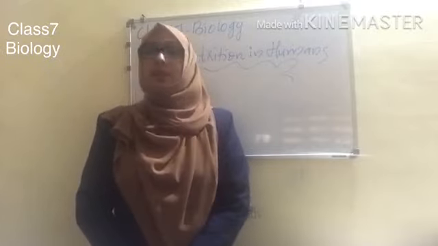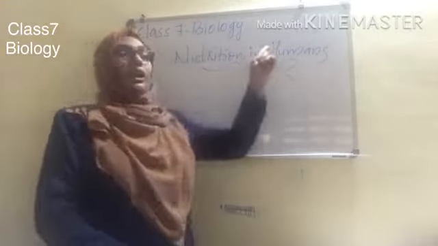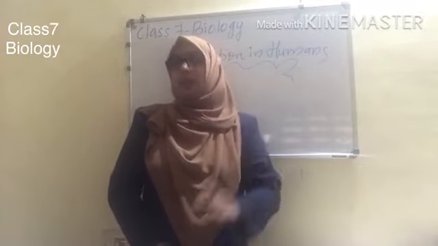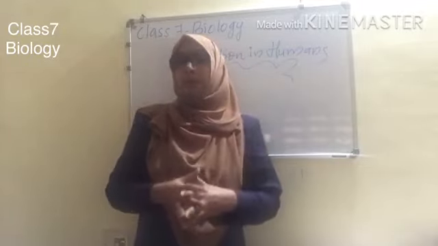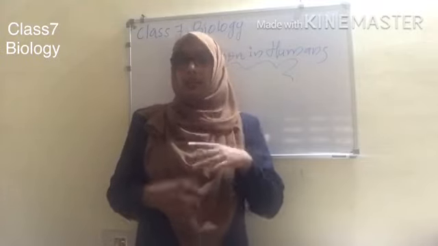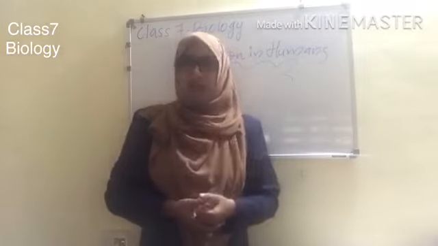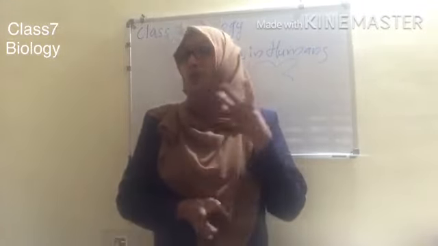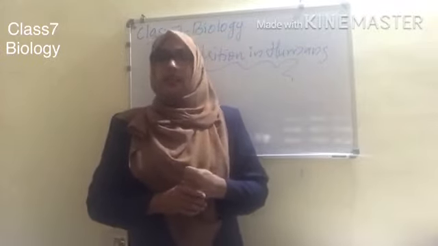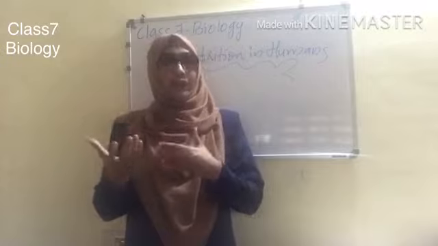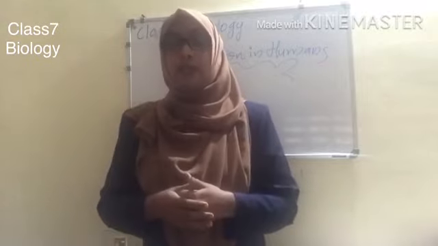In the last class we discussed nutrition in humans. We started with digestion and discussed what is happening in the buccal cavity, typically in the teeth, and how teeth help in digestion. We discussed the four different types of teeth, their shapes, and how they function according to their shapes.